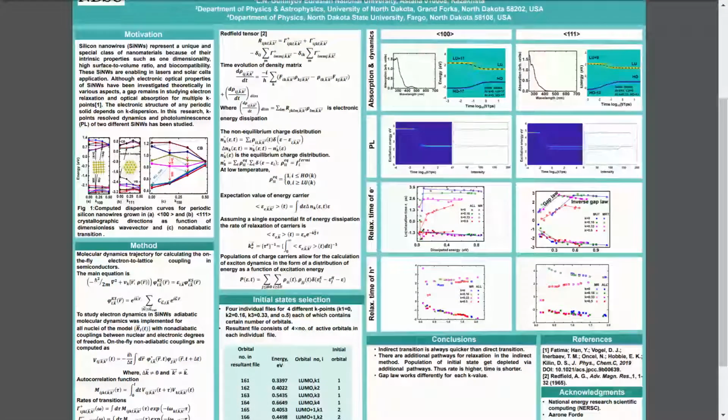If an electron or hole, I mean charge carrier, travels from 1 k-point to another k-point, then it is momentum restricted. And if a charge carrier follows the path from the same k-point, then it is momentum unrestricted.